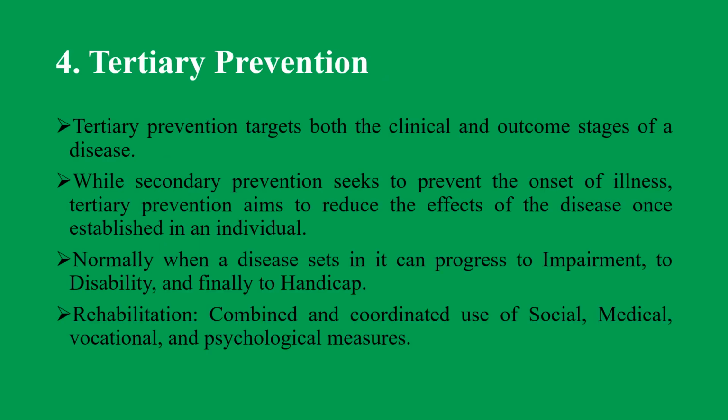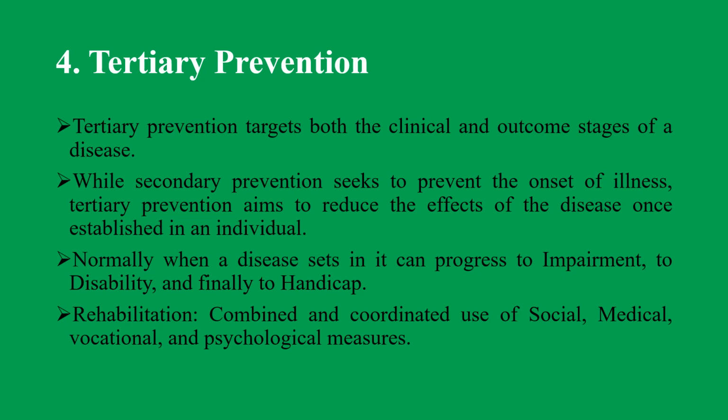Next is tertiary prevention, and tertiary prevention is implemented in symptomatic patients with the aim of reducing or limiting disability or even severity of the disease and its associated outcomes.